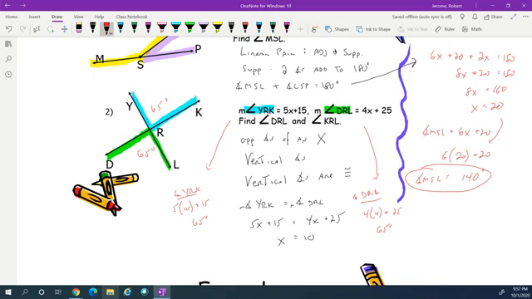We were also asked to find KRL. KRL is right here. We don't have that one yet. But look at it. These two angles are a linear pair. Cover half the picture. Angle YRK plus angle KRL has to equal 180.